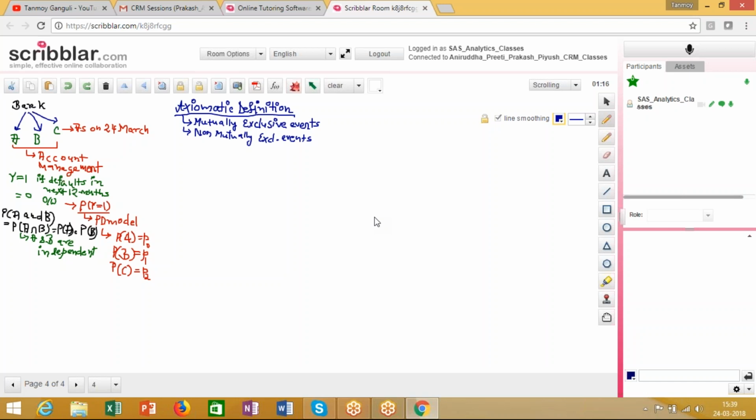We need a clear understanding of what the basic symbols mean, like union, intersection, A complement, only A, only B. So let's have a quick look into set theory.